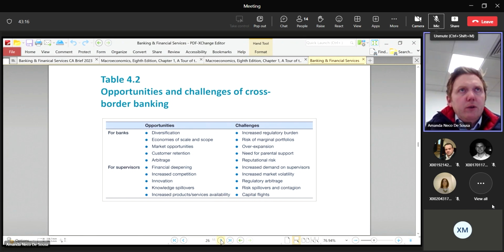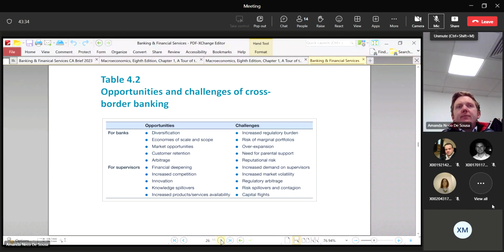Just on this one, then, it touches on the opportunities and challenges of cross-border banking. And I suppose, as we've noted previously, one of the key benefits of cross-border banking is risk diversification, as the assets of cross-border banks will be less exposed to country-specific shocks.